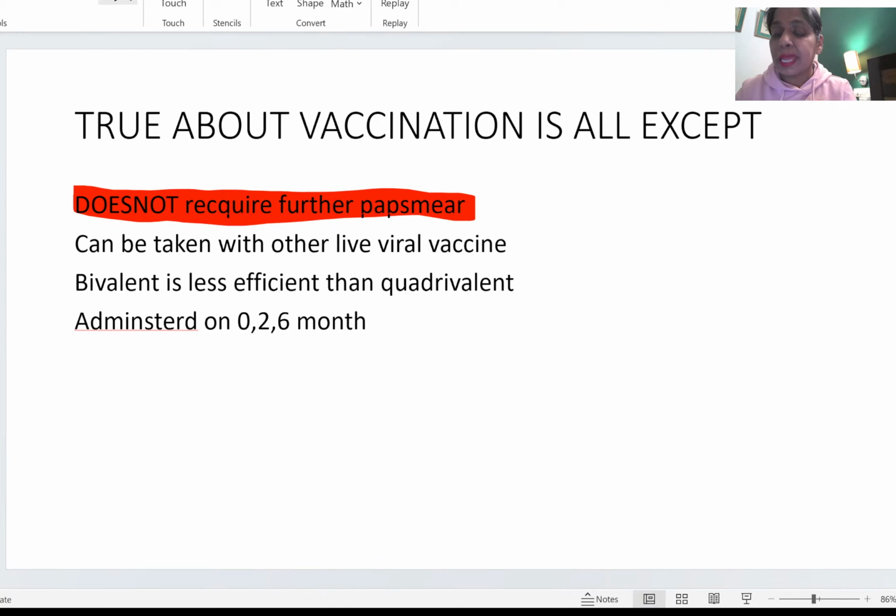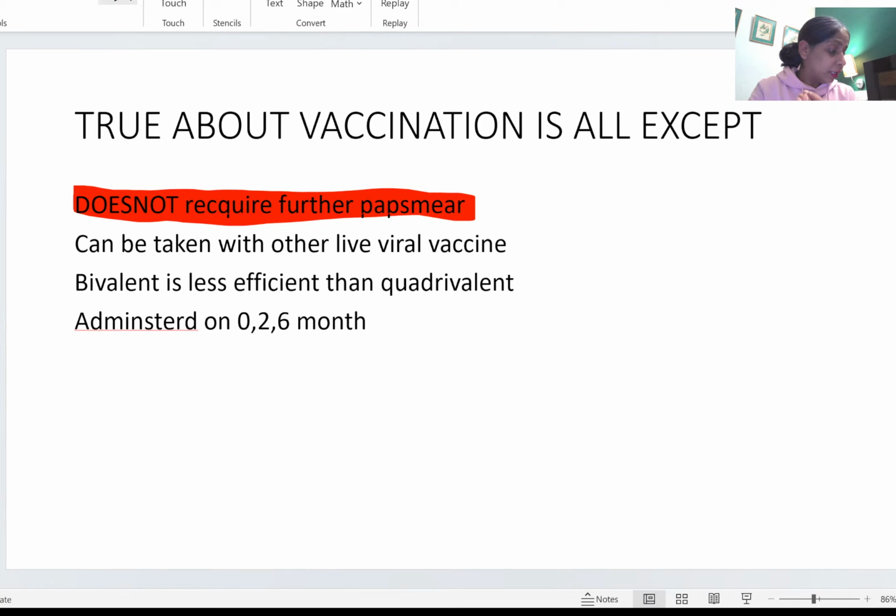As you have seen, even if we give the patient Gardasil 9, we have protection only against 9 serotypes. What about other serotypes? Right? There is no protection against other serotypes. So other serotypes can cause cancer, CA cervix. So one has to undergo pap smear.